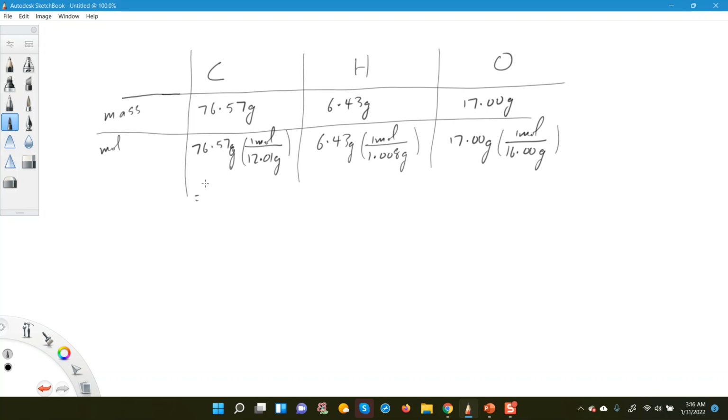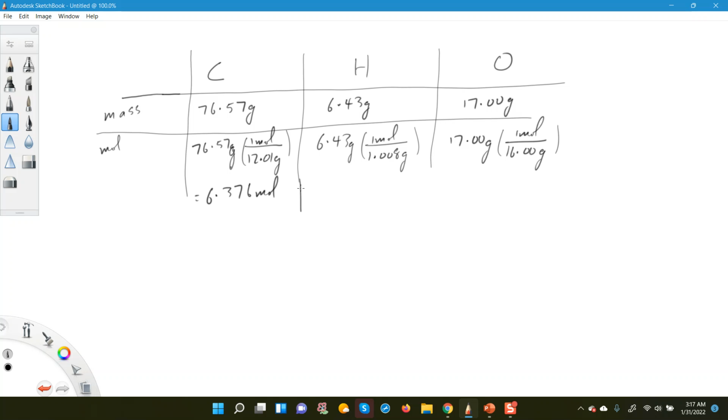So in the case of carbon, that would be 76.57 divided by 12.01. And according to my calculations, oh shoot, I messed up. Let me do this again. 76.57 divided by 12.01. So work this out. You're going to get 6.376 moles.